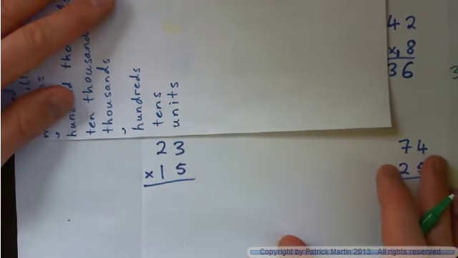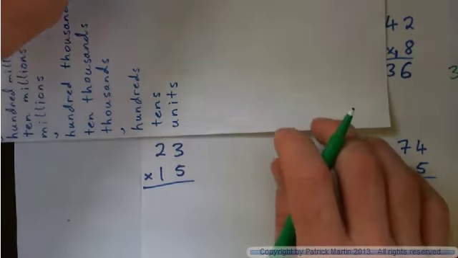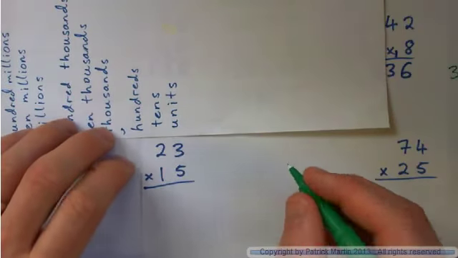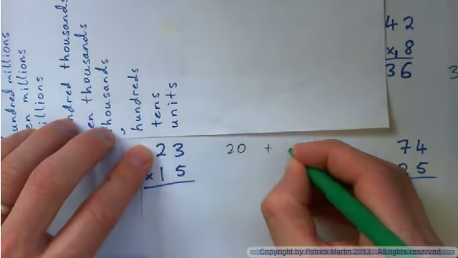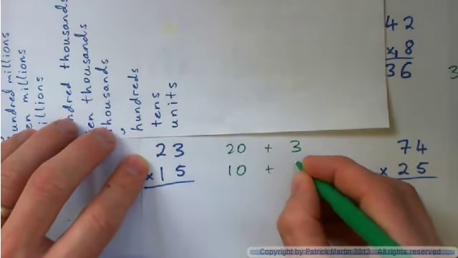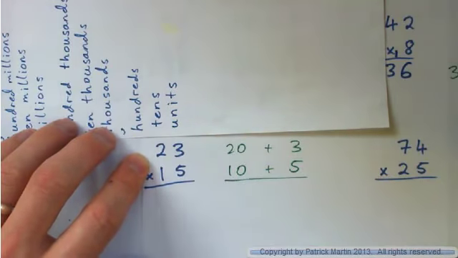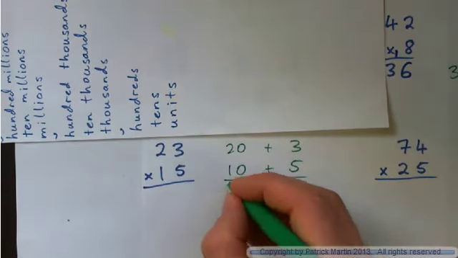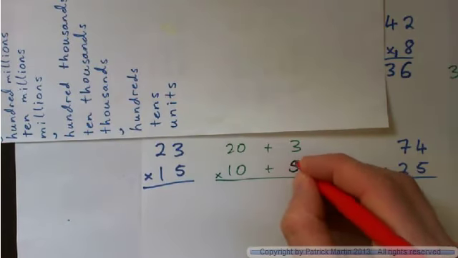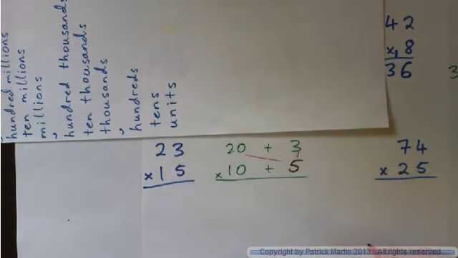So 23 times 15, let's write this guy down and see what happens. In fact, we can write this out, 20 plus 3, and then 15 is 10 plus 5, okay? So if I'm doing long multiplication, I first take the 5 and I multiply it by each number.